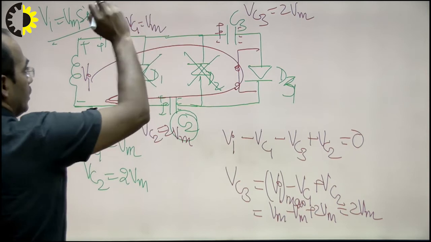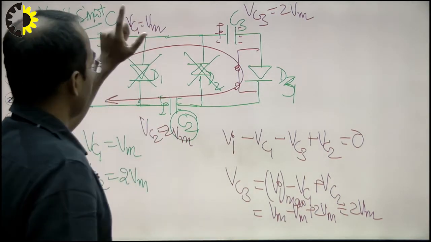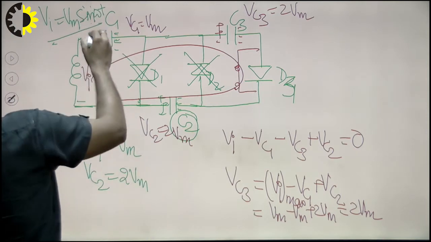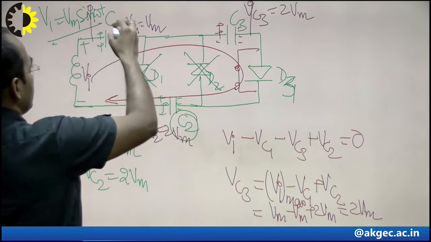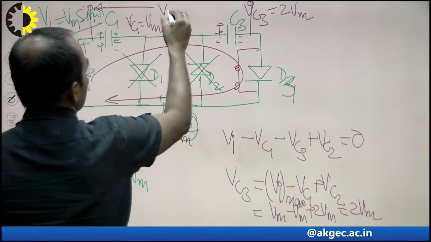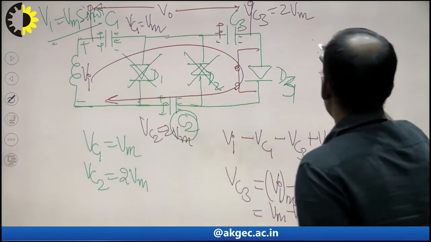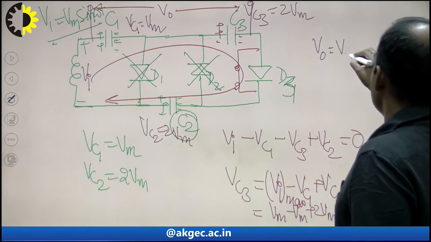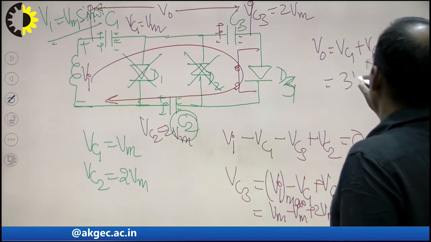We have to take the output of this voltage tripler circuit across C1 and C3. So, what will be the output across this C1 and C3? The output across C1 and C3, V naught, is nothing but Vc1 plus Vc3, and this will be equal to thrice of Vm.